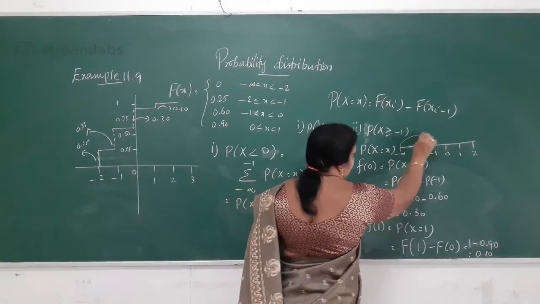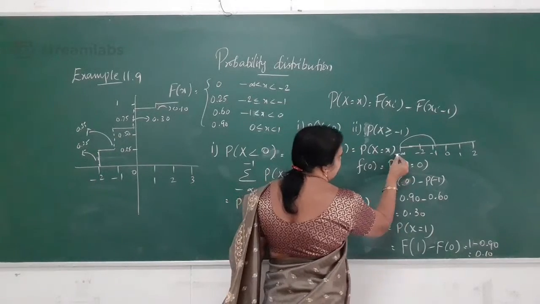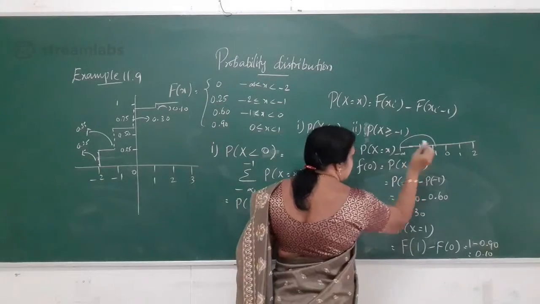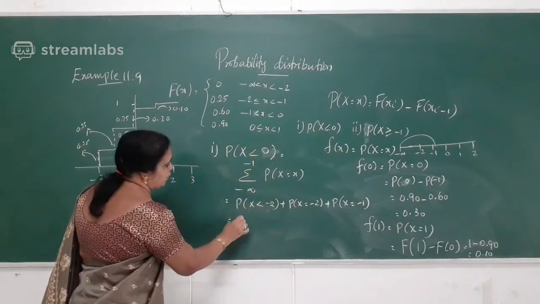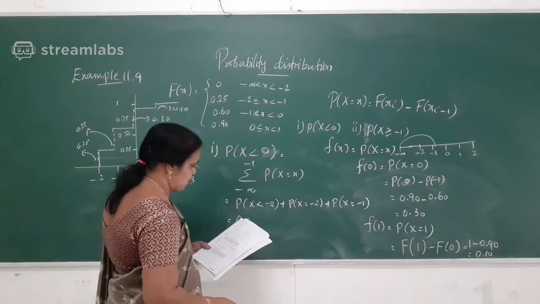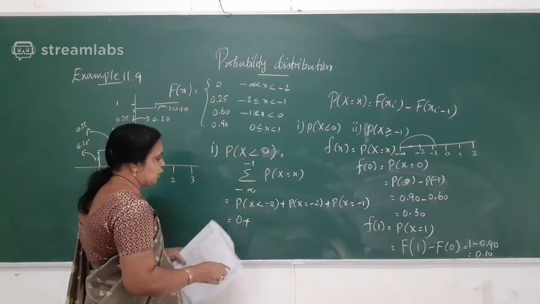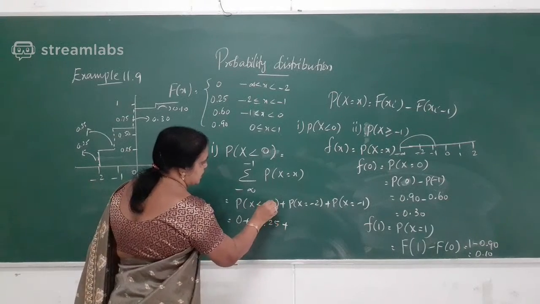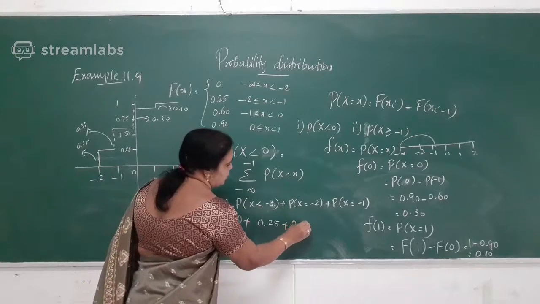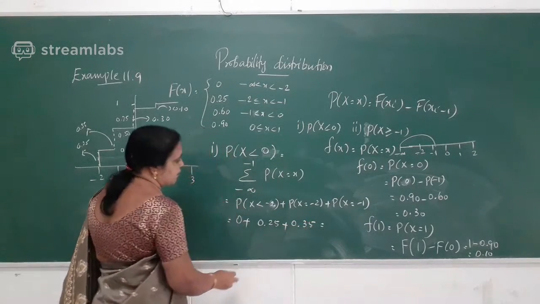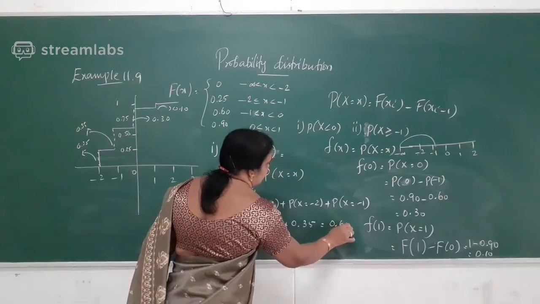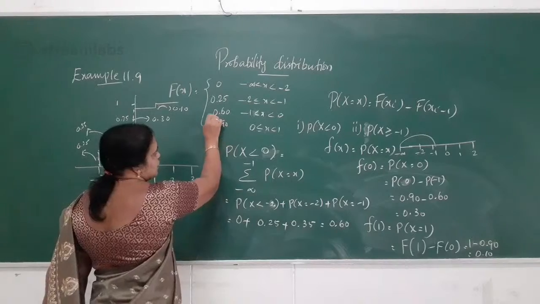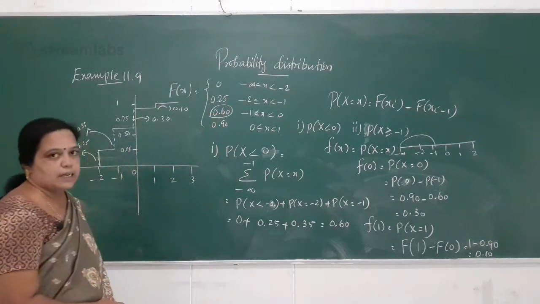For the first value we know it is 0; p of x at minus 2 is 0.25, and then 0.35. What will it come to? 0.60. So for less than 0 we got 0.60, and that answer is correct.